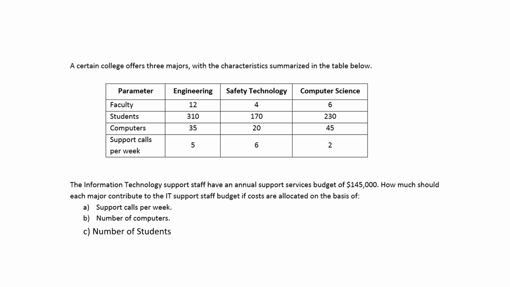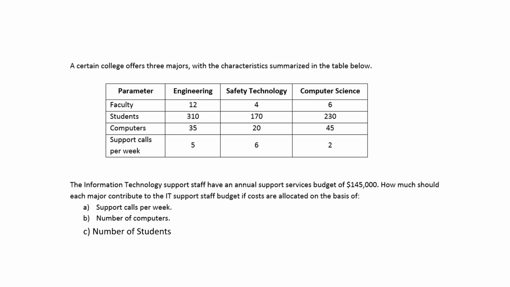So if you multiply 145,000 by 2/13, then what we get is, if we use this approach, they should pay $22,307.69. Okay? So we want to do the same thing for the safety technology and engineering. And that's technique A, allocating it on the basis of support calls.